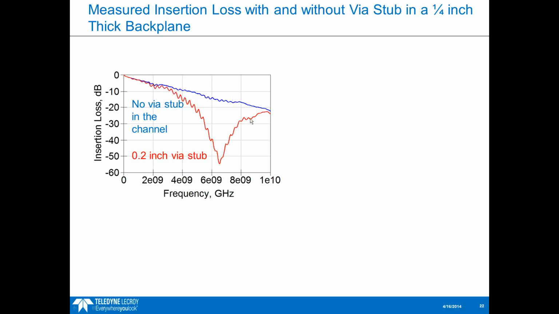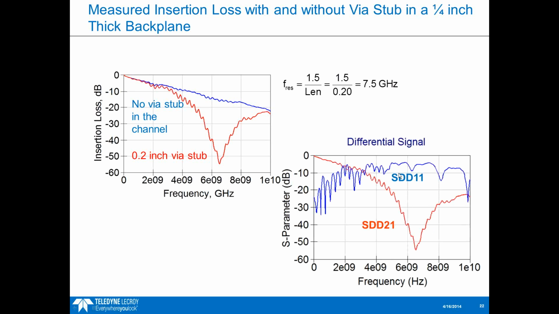You can see that sure enough, that via is what's causing this big resonance. If we look at differential S parameters, you can see the resonance is still there in SDD21. The resonance here, we're calculating it as 7.5 gigahertz, and we measured it around 7 gigahertz, so it's matching up pretty well.